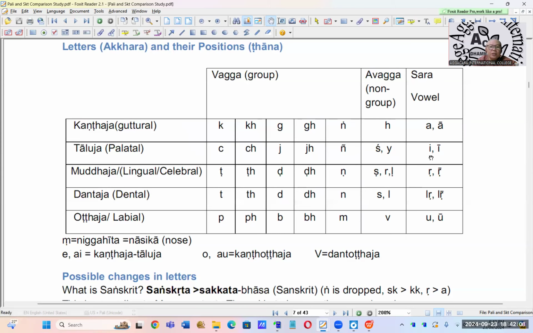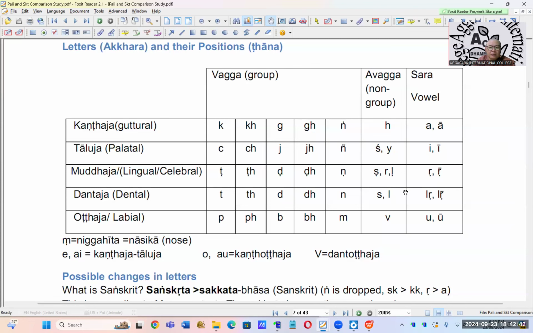All right. The vowel also belongs to this palatal group, right? And this is an S with the dot down there, and then the R and L with the dot. The vowel, this is the Sanskrit vowel, R with a dot, right? This is the long R dot. So ta tha da dha na, sa. Okay, because when we say the letter sa, we need to use the tongue to touch the dental.